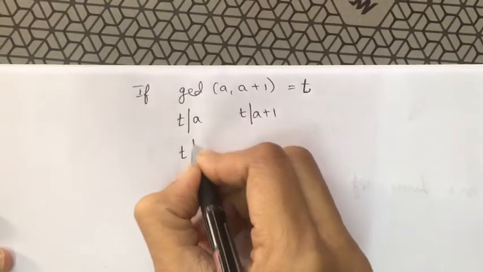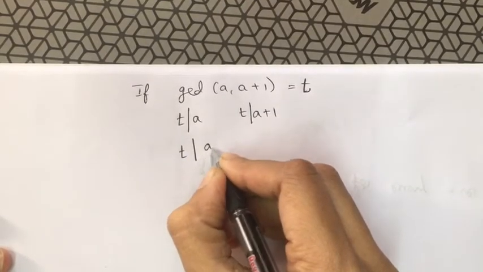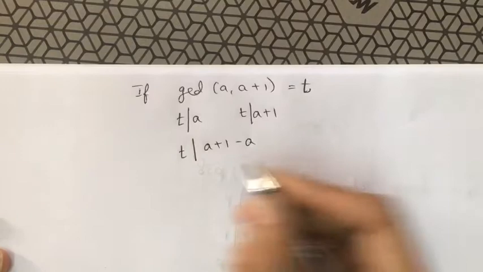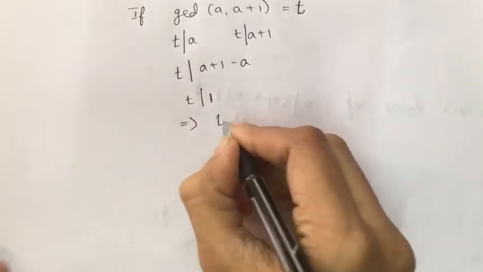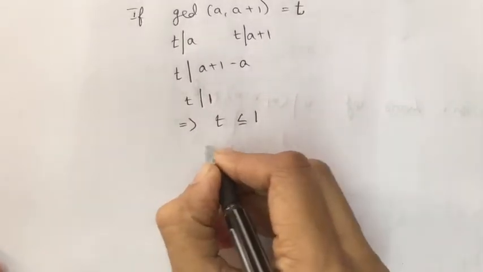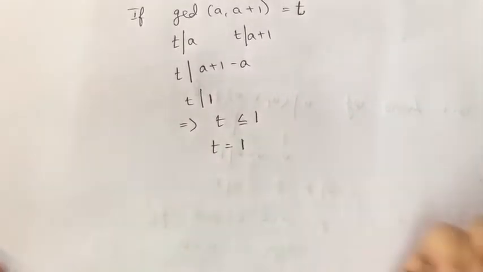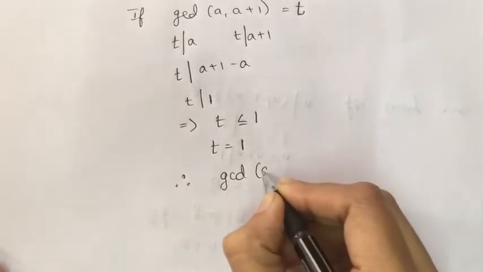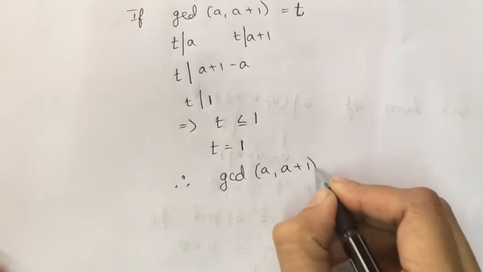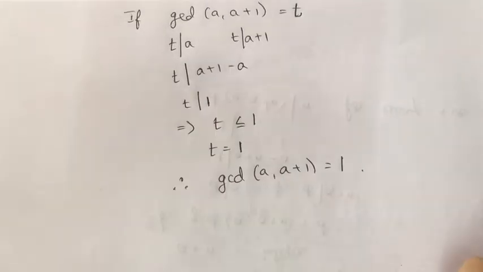Therefore, I can write t divides a plus 1 minus a. Hence, I can directly write t divides 1, which implies t is less than or equal to 1. That implies t is equal to 1. Therefore, I can say GCD of a and a plus 1 is 1, in the sense they are relatively prime.